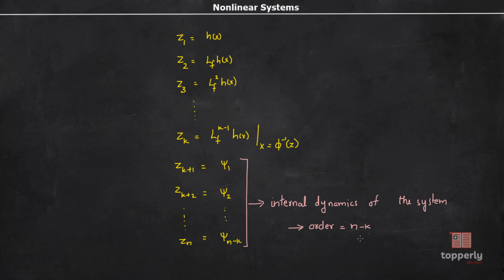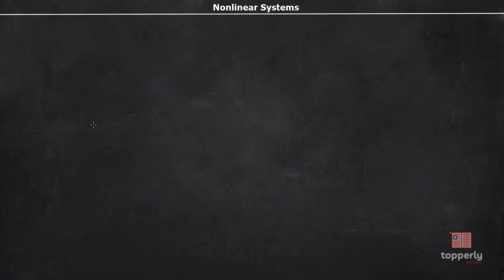Okay, now if I write the transformation mu of x, we have mu of x is equal to phi1 of x, phi2 of x, etc. to phi k of x, psi1 of x, psi2 of x, etc. to psi n minus k of x.